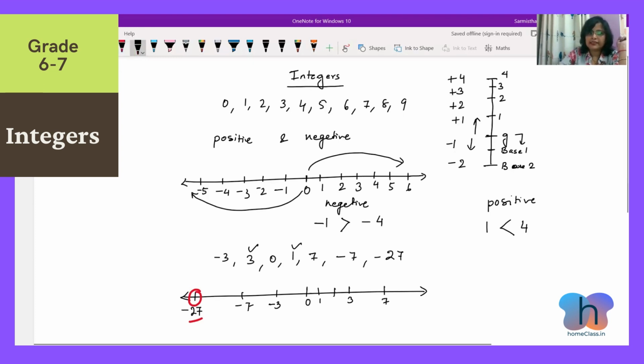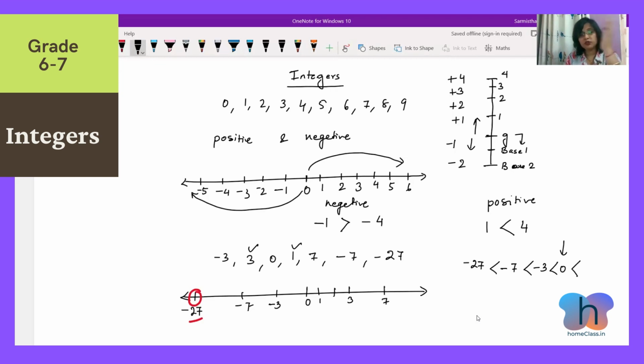So we can say that -27 is the smallest number. Then which one is next? It's -7. Then -3, then 0. See, 0 is bigger than -3, -7, and -27, as it is neither a positive number nor a negative number.